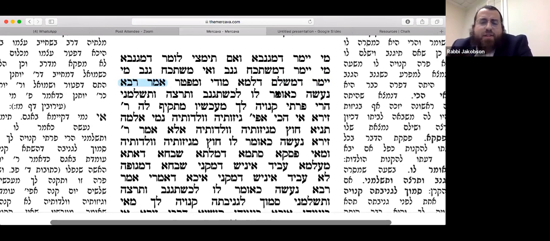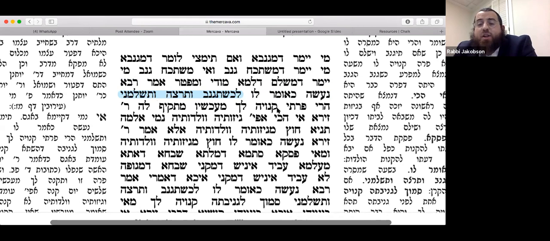Amar Rava says, Nase ka Omer lo, it becomes as if he said to him. It becomes as if the one who deposited it told the watchman, Lichesh etignov, when it will get stolen, or if it will get stolen, v'tirtze v'tishalmeni, and you would pay me, meaning you would like to pay me instead of swearing.